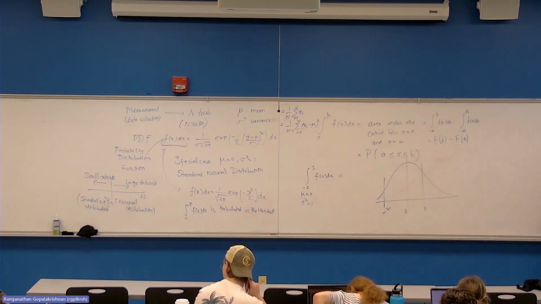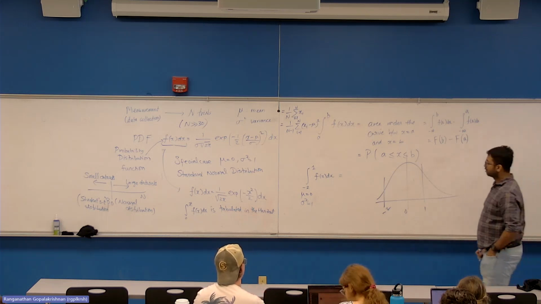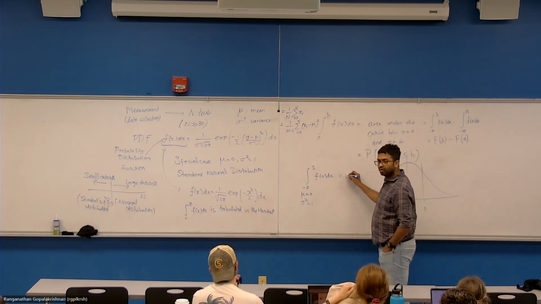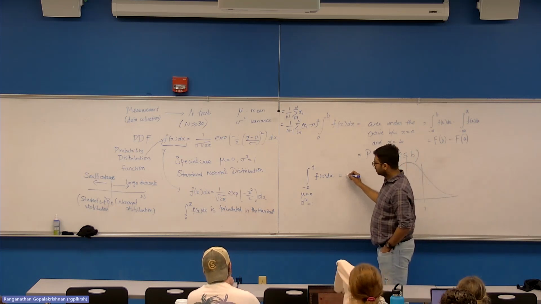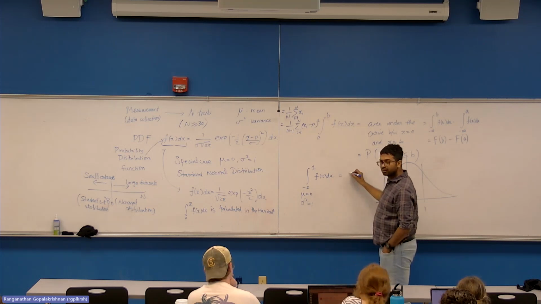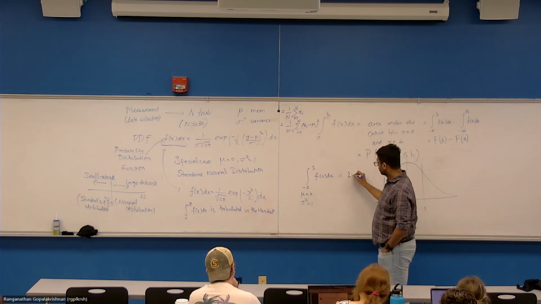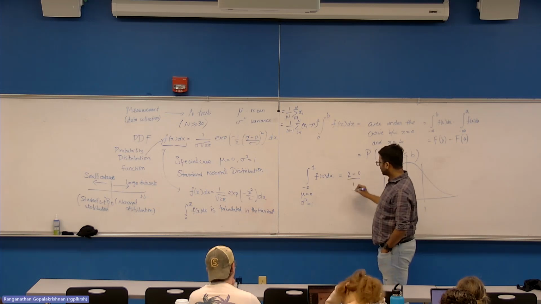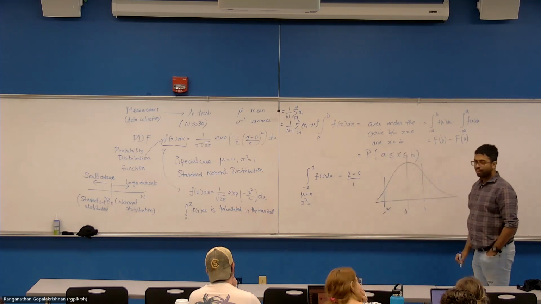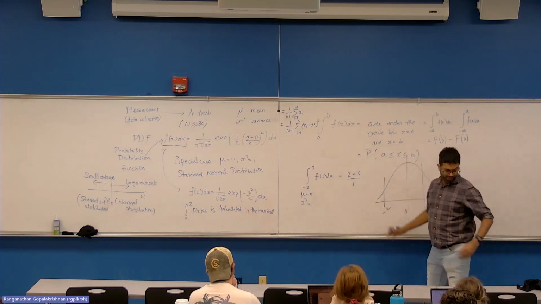Yeah, 1 minus 2 divided by 1... 2 minus 0 over 1. No, sorry, that's not correct.